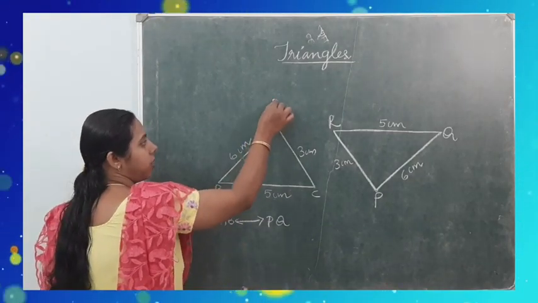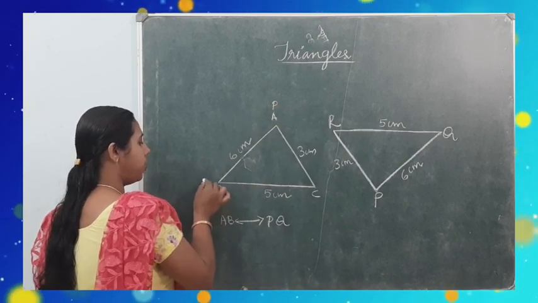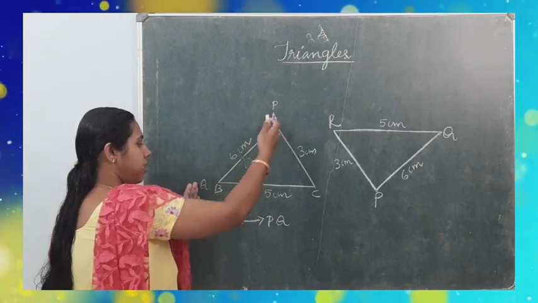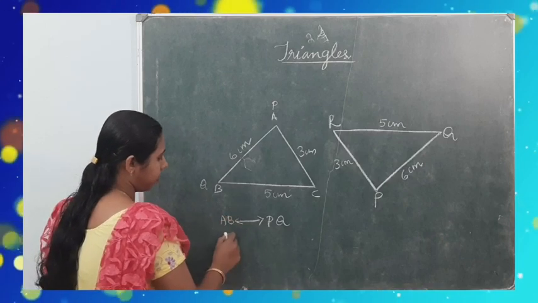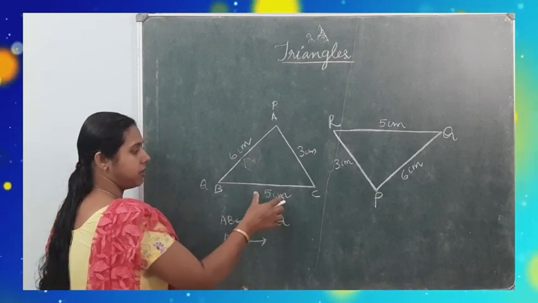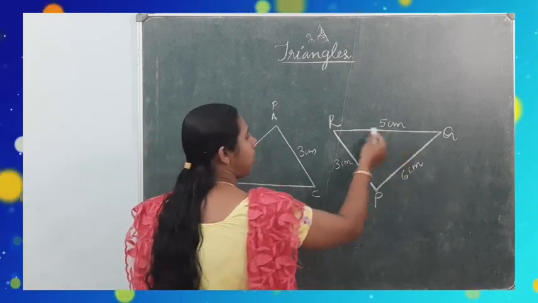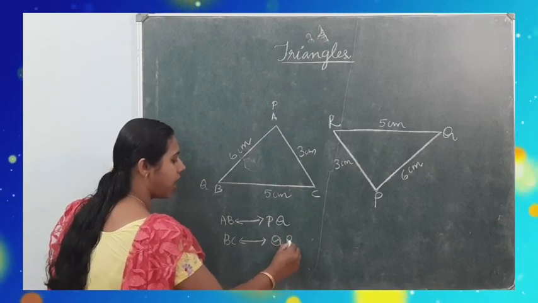On top of A, P will come. On top of B, Q will come. Then BC, which is equal to 5 centimeters, coincides with QR.